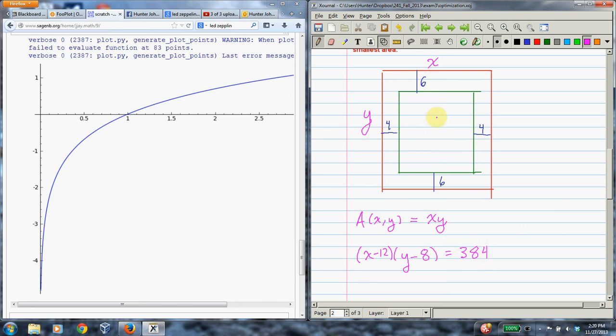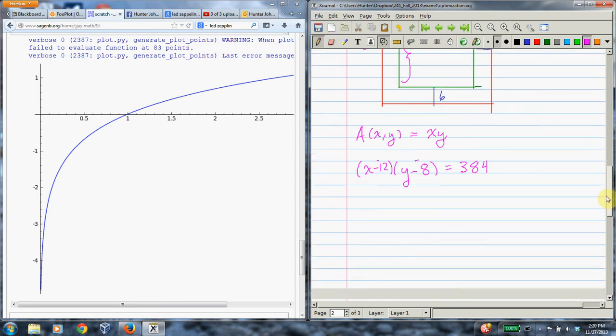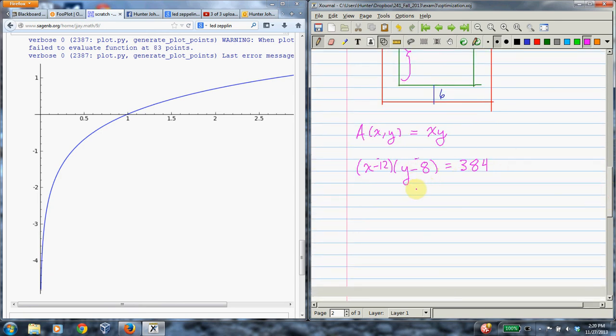See why? Because this length is going to be that, and this length is going to be that, and so their product is going to be 384. Now we're going to do just what we said, which is use the constraint equation to eliminate a variable. So let me solve for y here. y minus 8 is equal to 384 divided by (x minus 12).